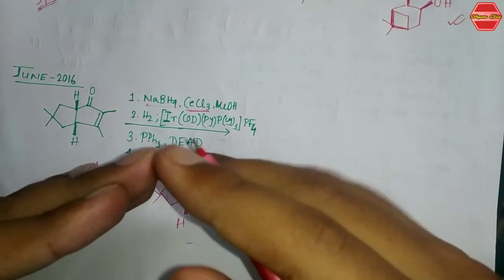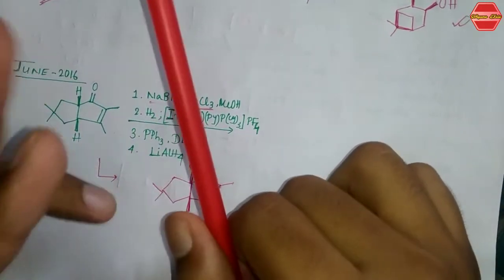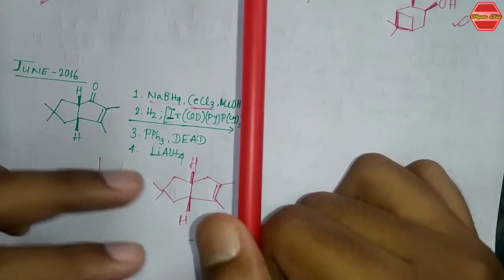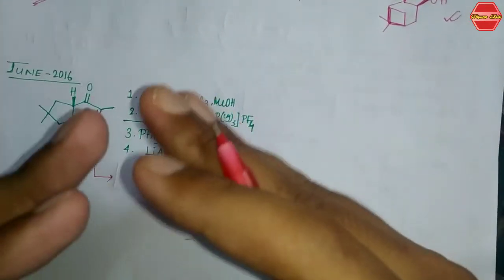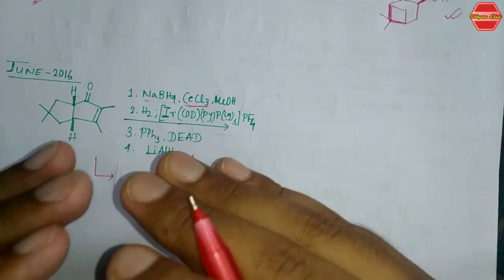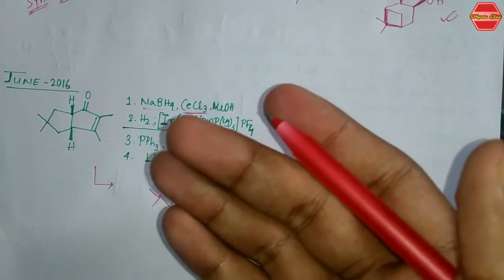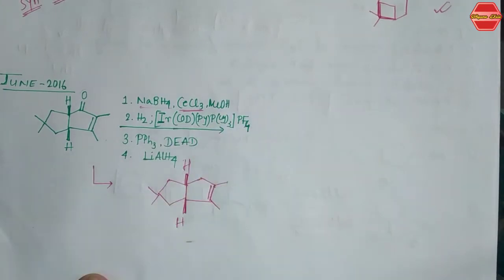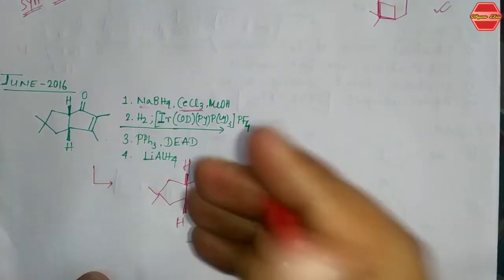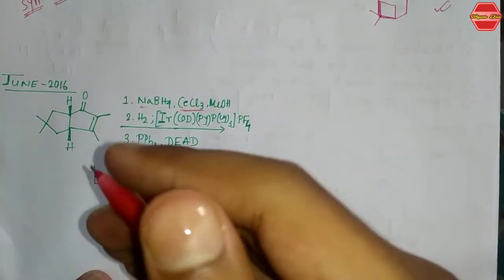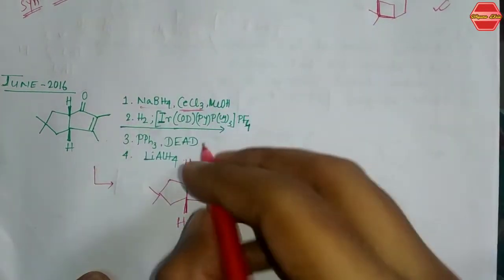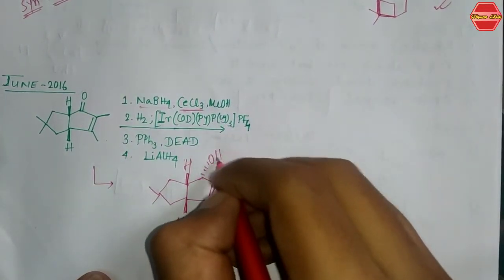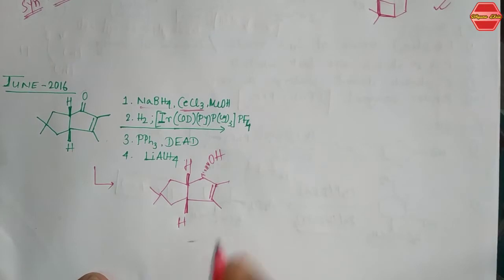This top position is your hydrogen, and at the bottom you have these two hydrogens, and this overall group is like this. So you can see that attack from the lower side is very much difficult. That is why this hydride should attack from above the plane, and this OH will be given below the plane. So you are getting this product, with the OH below the plane.